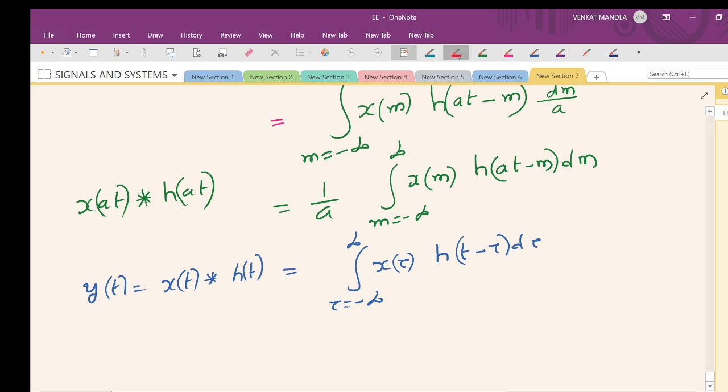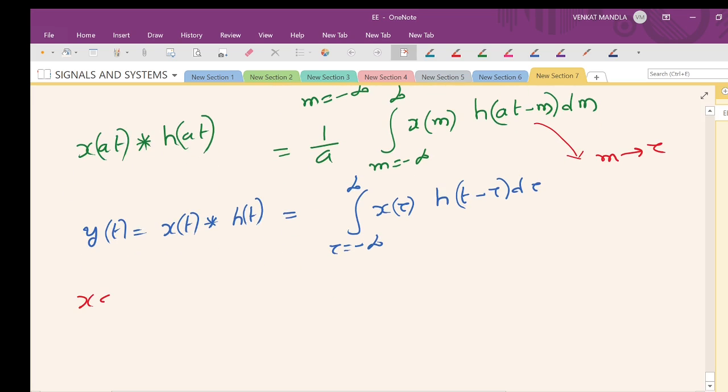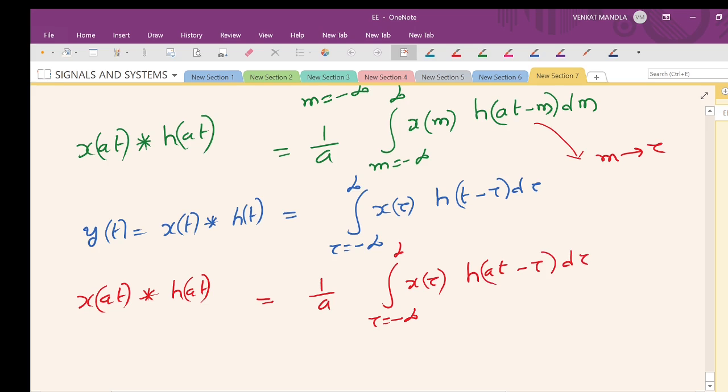In this equation m is a dummy variable, just m replaced by tau. What you get: x of a t convolution with h of a t is equal to 1 by a integral of tau equal to minus infinity to plus infinity x of tau h of a t minus tau d tau.